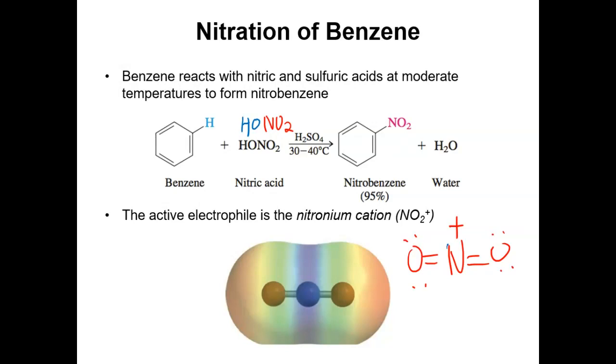Why? For a few reasons. First, the electrophilic atom is a nitrogen atom. Often we will see the electrophilic atom is a carbon, and nitrogen is substantially more electronegative than carbon.